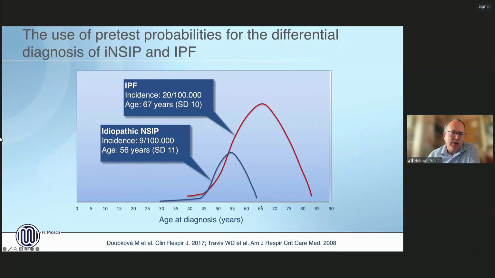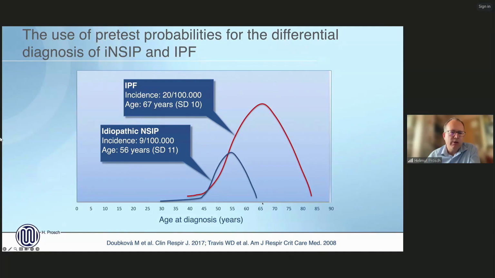So if you have a patient with that CT pattern of a probable UIP and the patient is older than 60, 65, the probability that you are dealing with IPF is very high. On the contrary, if a patient is younger, you do not know. This could be NSIP, which usually requires immunosuppression. And that's why the decision whether or not to biopsy is mainly based on the age.